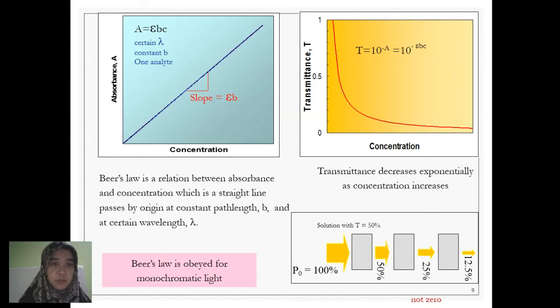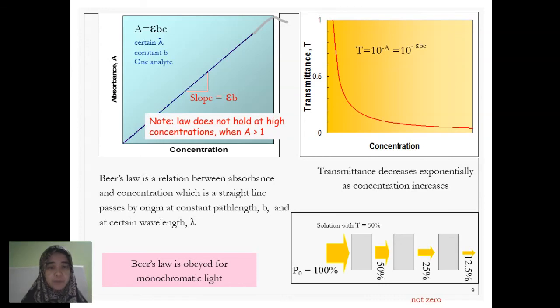This figure shows that Beer's law is a relation between absorbance and concentration, which is a straight line passing through the origin at constant path length and at a certain wavelength. However, when the absorbance is more than 1, Beer's law will not be obeyed, as the line is not straight but shows a curve.